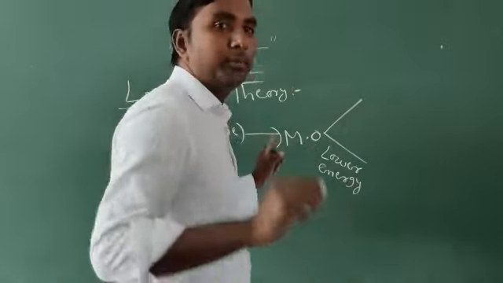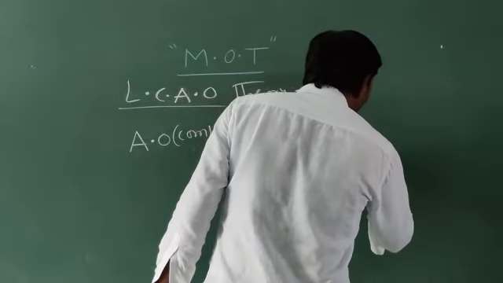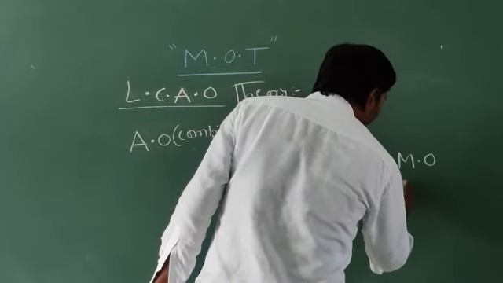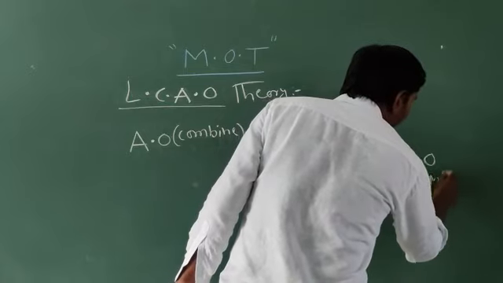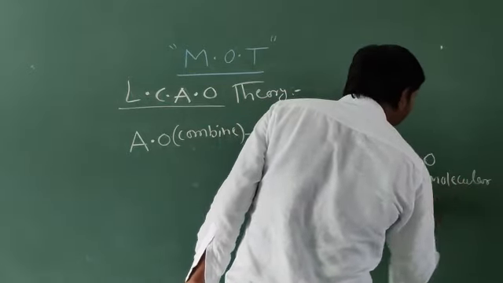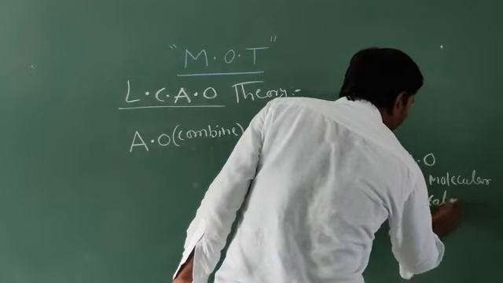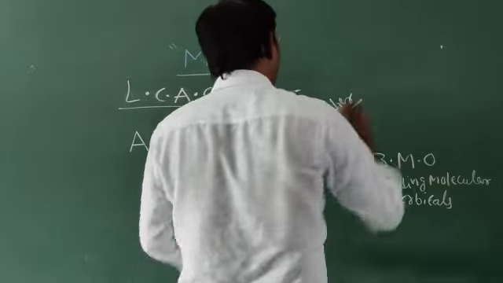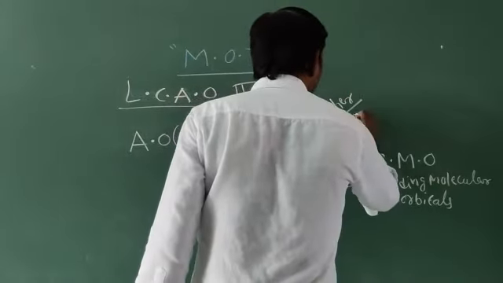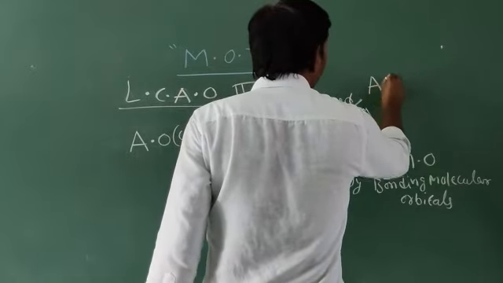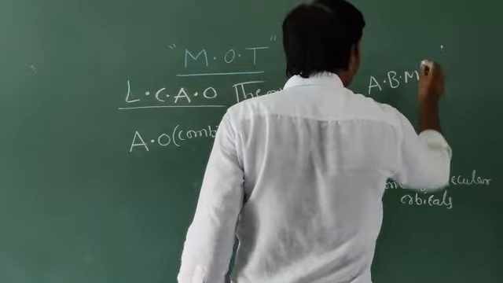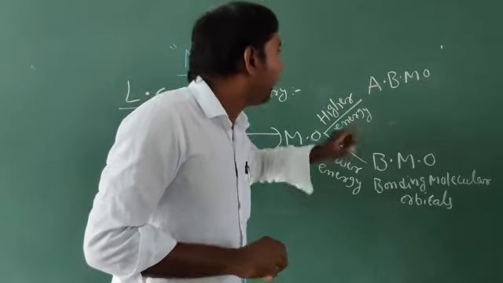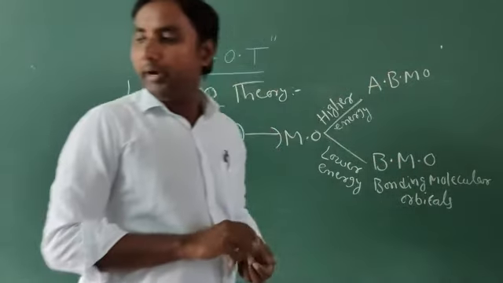These lower energy molecular orbitals are called BMO, bonding molecular orbitals. Then the other half have higher energy. These higher energy molecular orbitals are called ABMO, anti-bonding molecular orbitals.